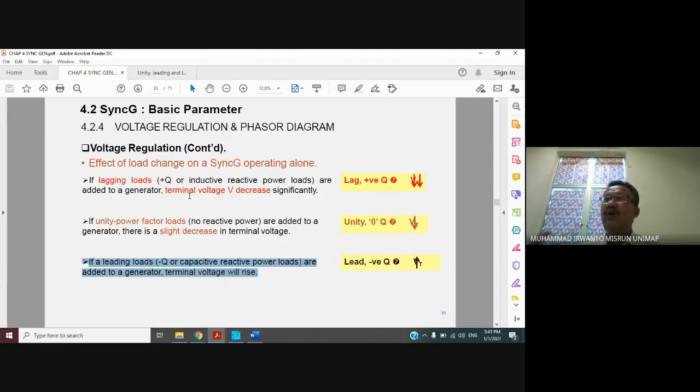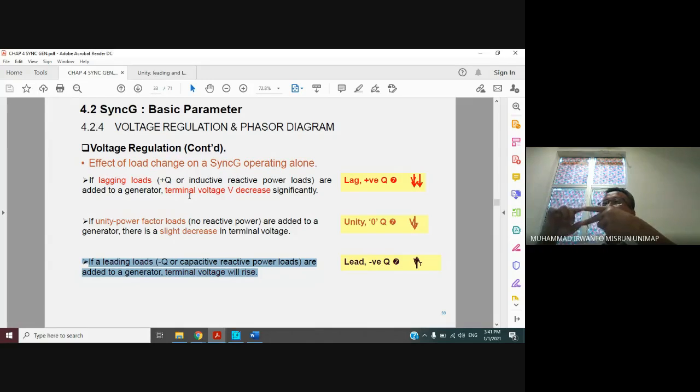and capacitive or combination. If the combination is RL, it is more inductive, more lagging also. If RC, it is more capacitive, meaning the power factor is leading. But if the combination is RLC, we have inductive reactance and capacitive reactance.